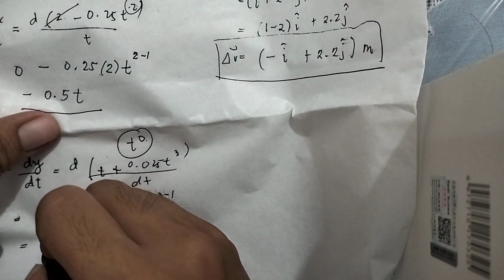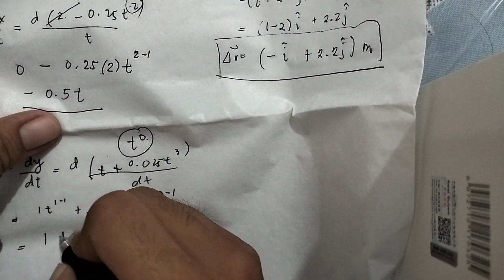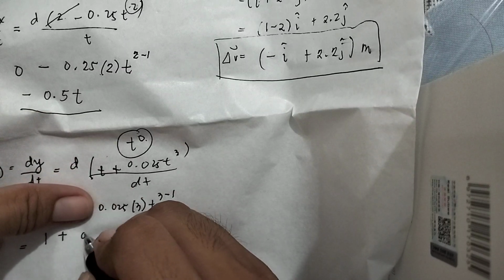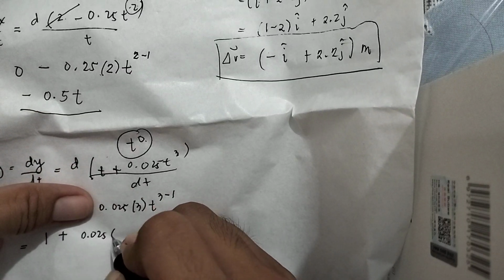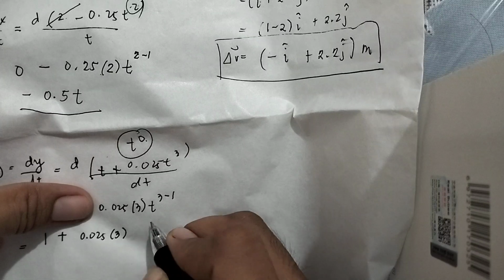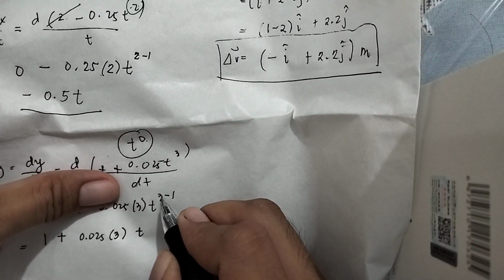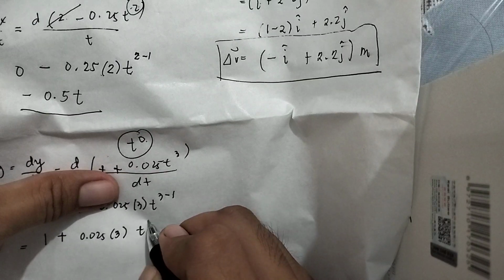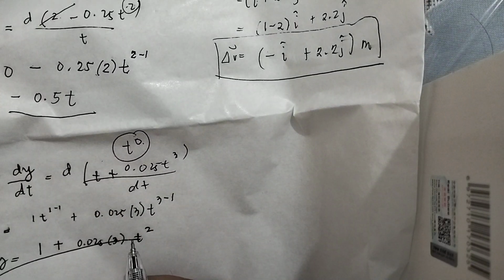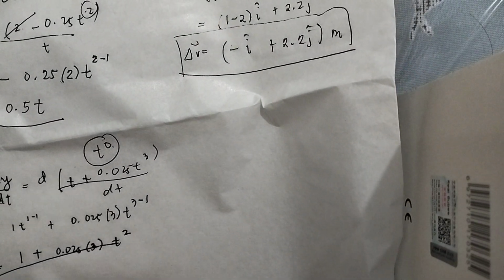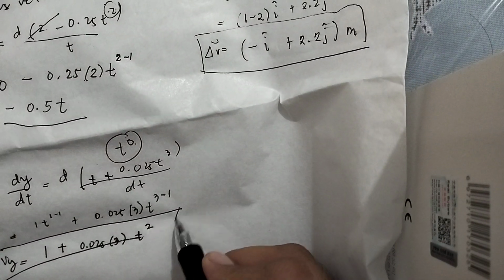So, we have 1, and then plus 0.025 times 3, and then t to the 3 minus 1, which is squared. So, that is our Vy. This is the general expression.